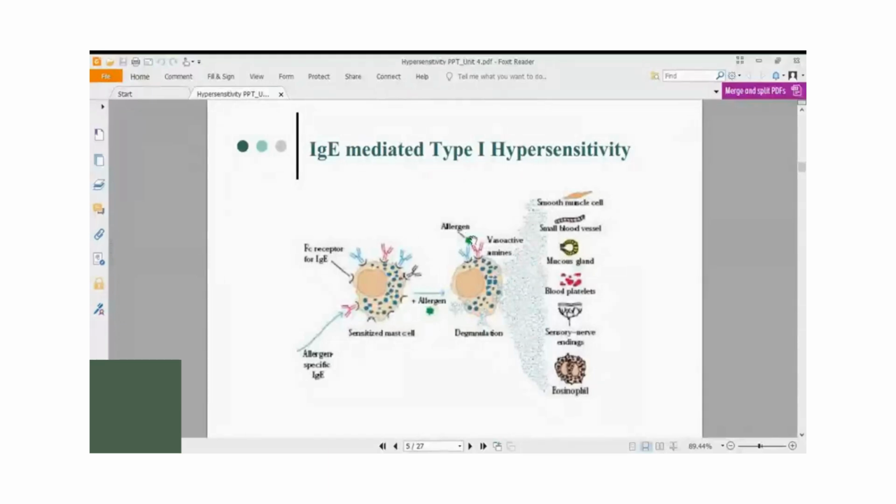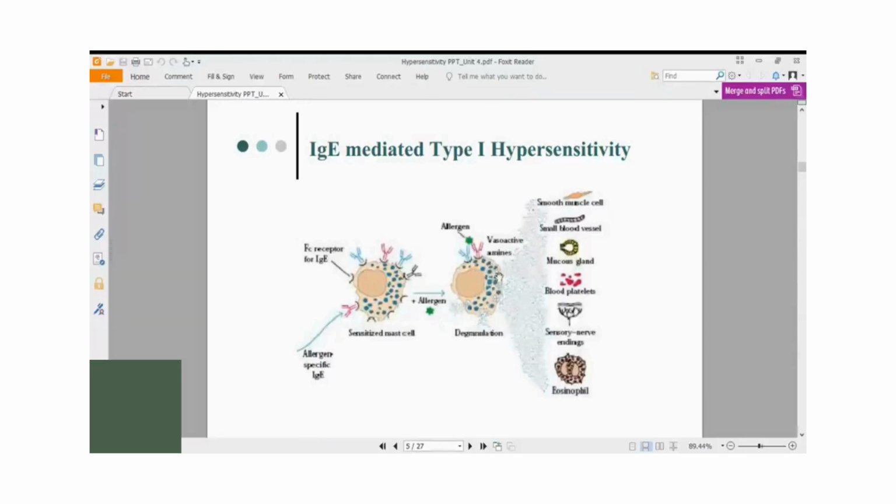Why? Because IgE antibody does not have a long cytoplasmic tail. The cytoplasmic tail of IgE antibody is very small. So therefore, two antibodies sitting side by side will be essential to activate the mast cells to undergo degranulation. The degranulation process is nothing but the granules that are present in the cytoplasm of the mast cells in the vesicles.